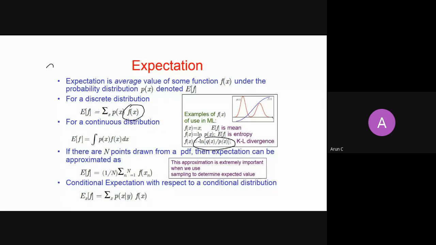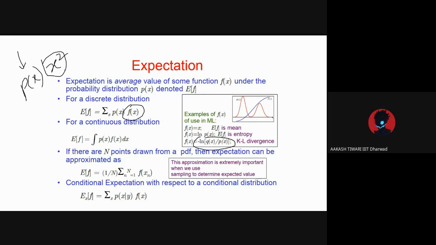So you can say x p(x). So you are trying to see what is the probability of x, and what is the function here? It is an identity function. The function x is itself a function, but if you take x square, then it is moment 2, or if the mean is 0, then it is a variance, right?